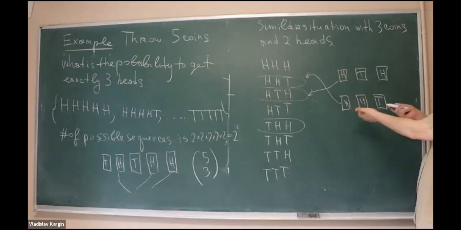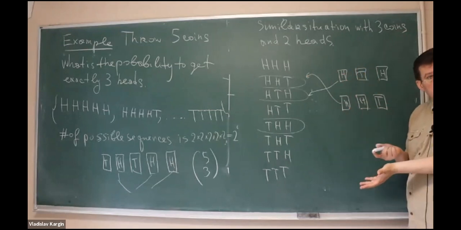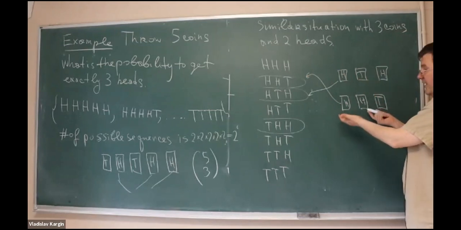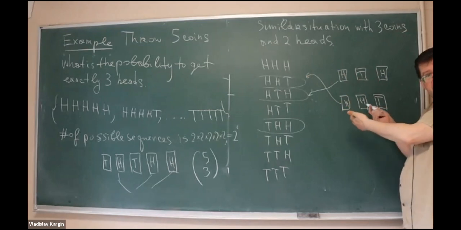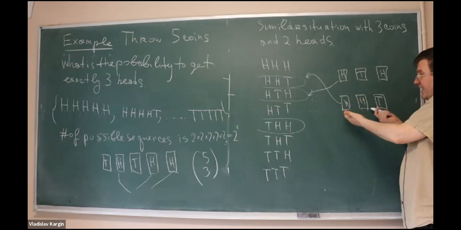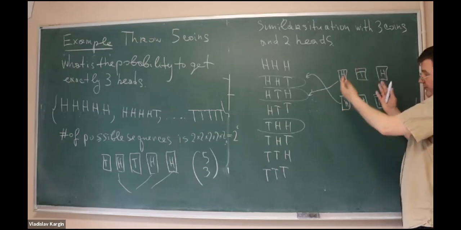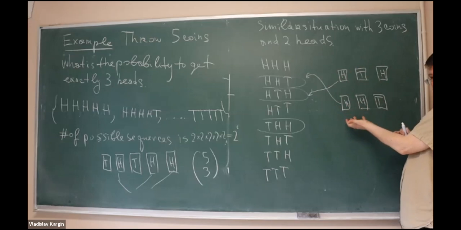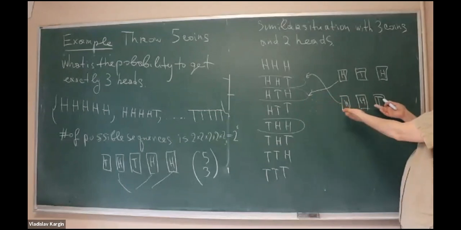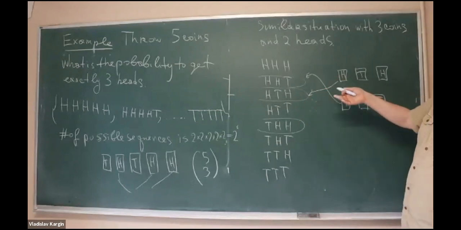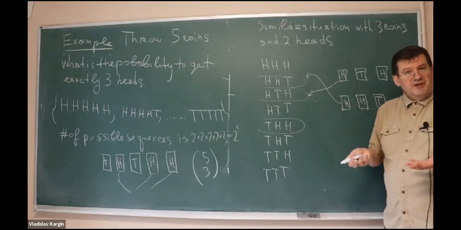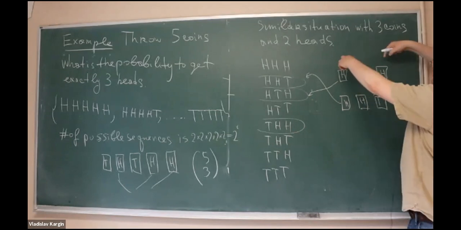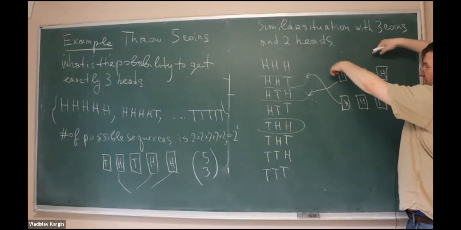This is how I choose the boxes in which I put heads, and how I group these coins, identifying the boxes in which to put heads and in which to put tails. So I need to choose 2 coins and say these will be the heads in my sequence. Every choice of these coins corresponds to some combination. If I choose these 2 coins and say heads in them and tail in another, it will be a different combination.